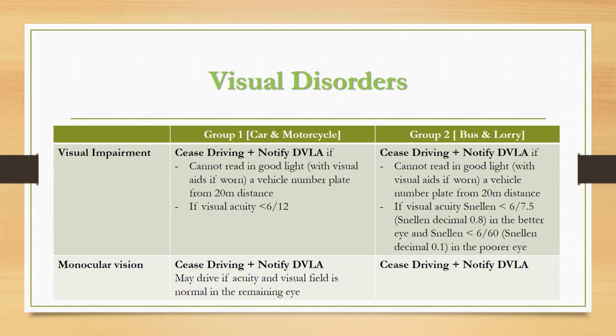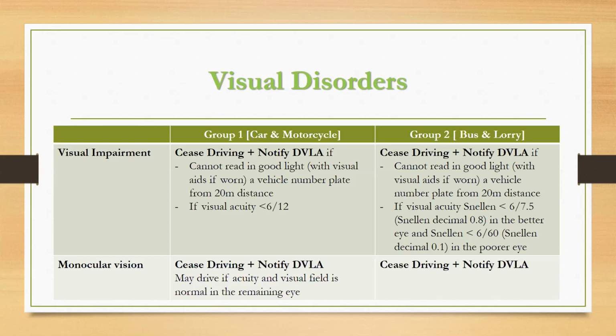However, for visual acuity, the cut-off is a little different: on the Snellen scale, less than 6/7.5 in the better eye and less than 6/60 in the poorer eye.